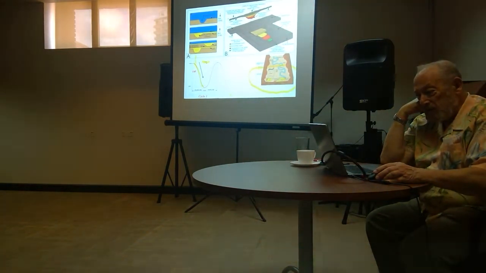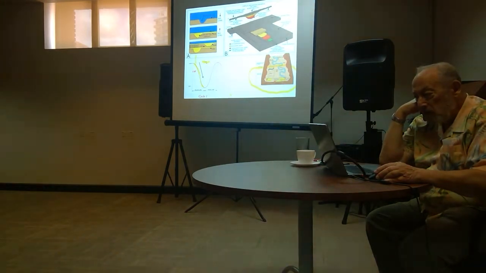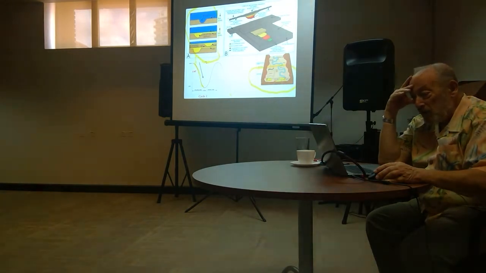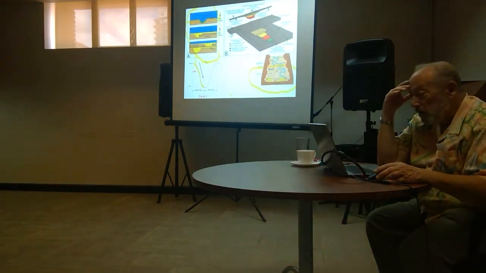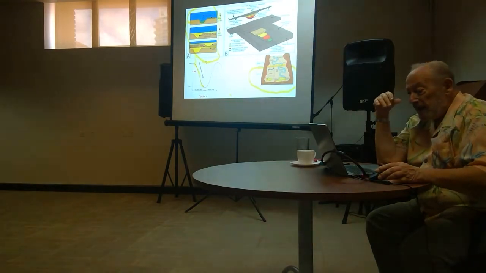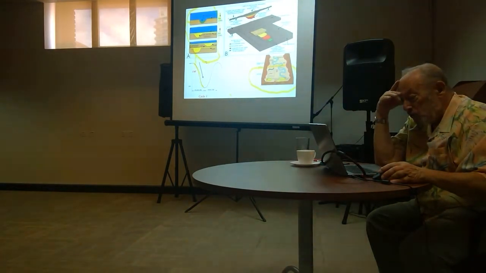And let me put that in terms of this upper diagram now. Okay, at time 1, we have sea level falling. And so we carve out this valley. And at time 2, we'll call this time 2 here.